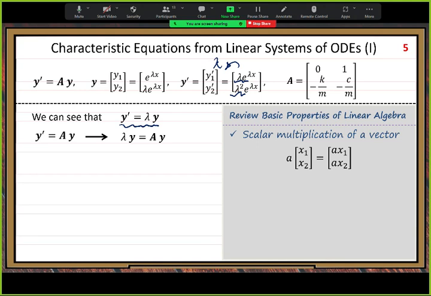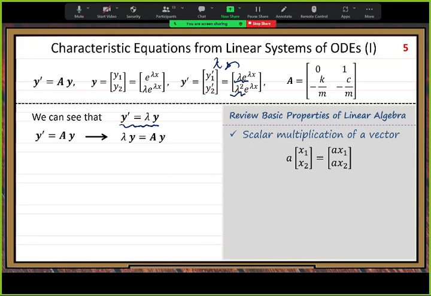Now we are in the linear algebra world. When we do operations, we should follow linear algebra rules. Do not use your arithmetic rules. I'm afraid some of you may just apply the arithmetic rules directly, and sometimes it's wrong.